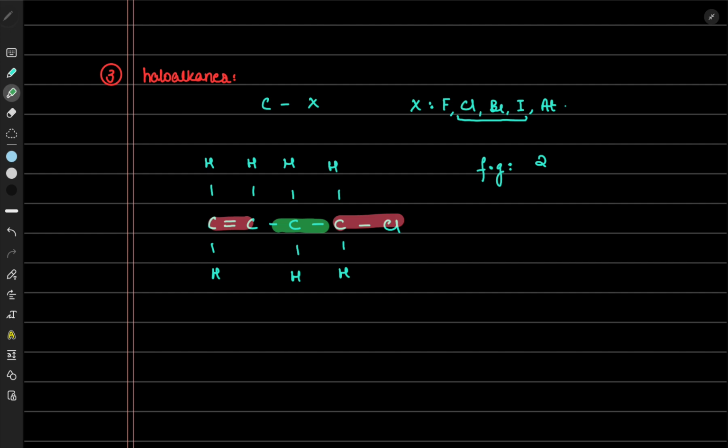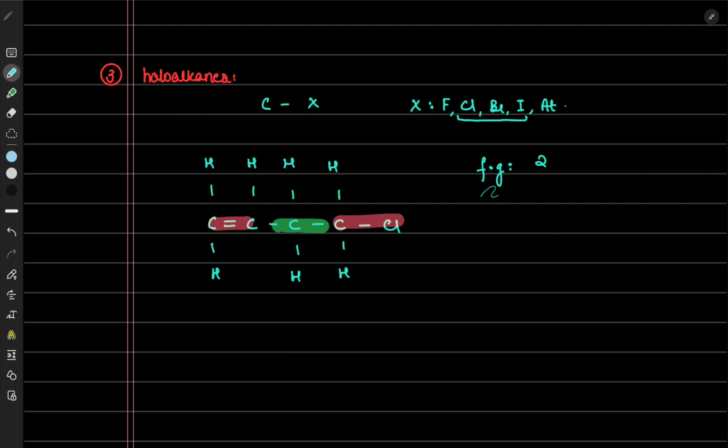That means that this compound will show chemical properties for alkanes as well, since alkanes are identified by a carbon carbon single bond. So the point to note here is that although functional groups are two, it will show chemical properties of a halogenoalkane, it will show the chemical properties of an alkene, but simultaneously it will also show the chemical properties of an alkane.